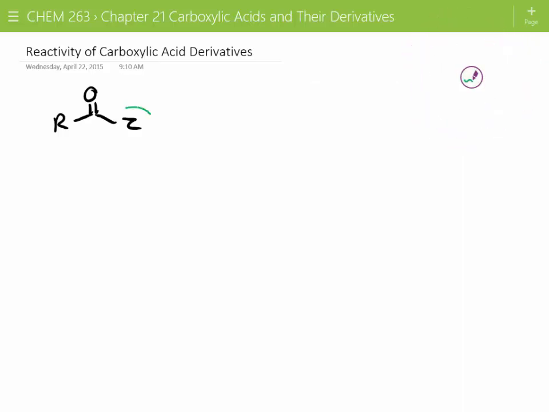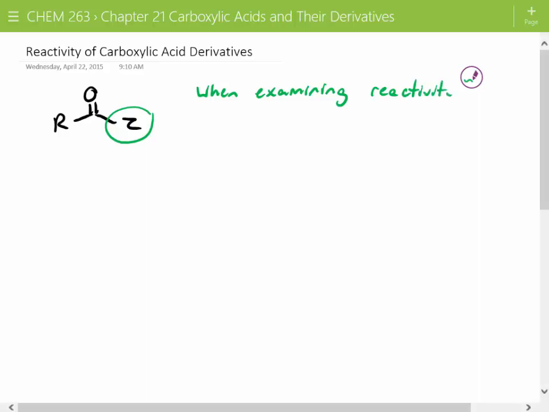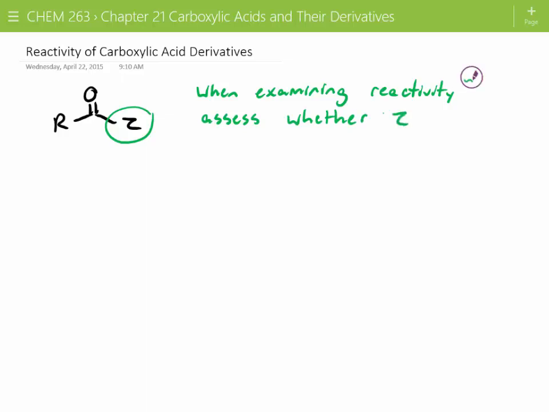So the easy trick is when you assess reactivity, you look at the Z. When examining reactivity, you want to assess whether or not Z would be stable as an anion.